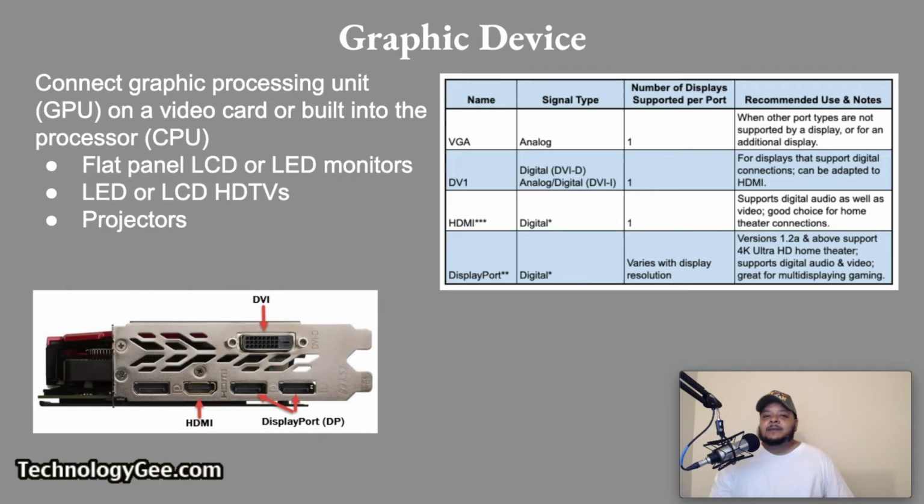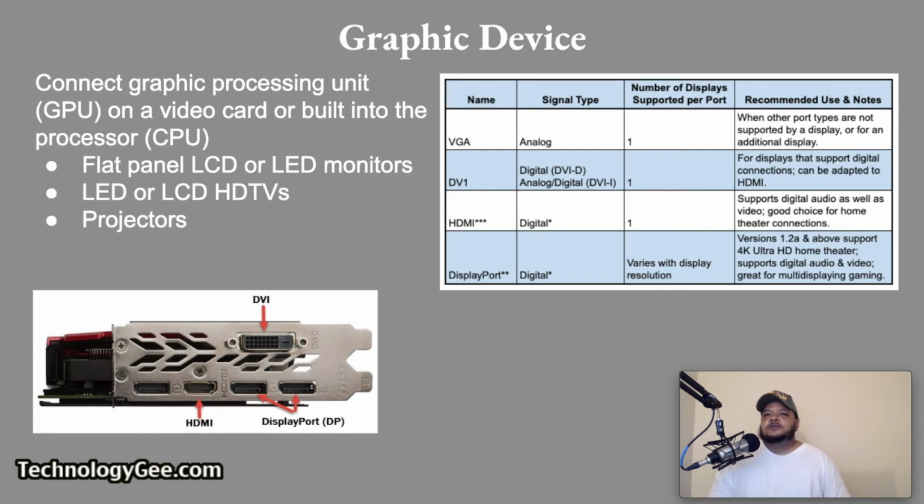So what you're looking at in the bottom left is a computer port cluster. If you look on the back of any tower, or even on a monitor, you will see this little port cluster where you can plug in HDMI cables and DVI cables and things of that nature.